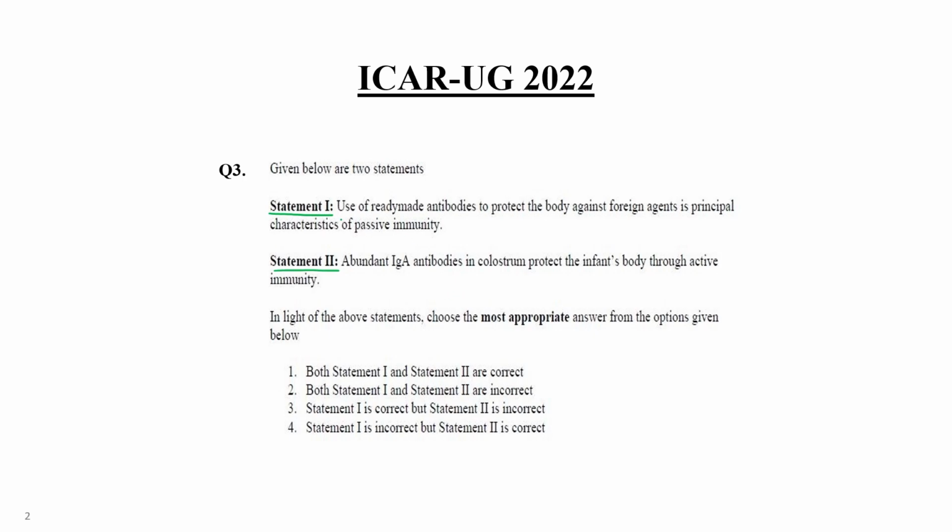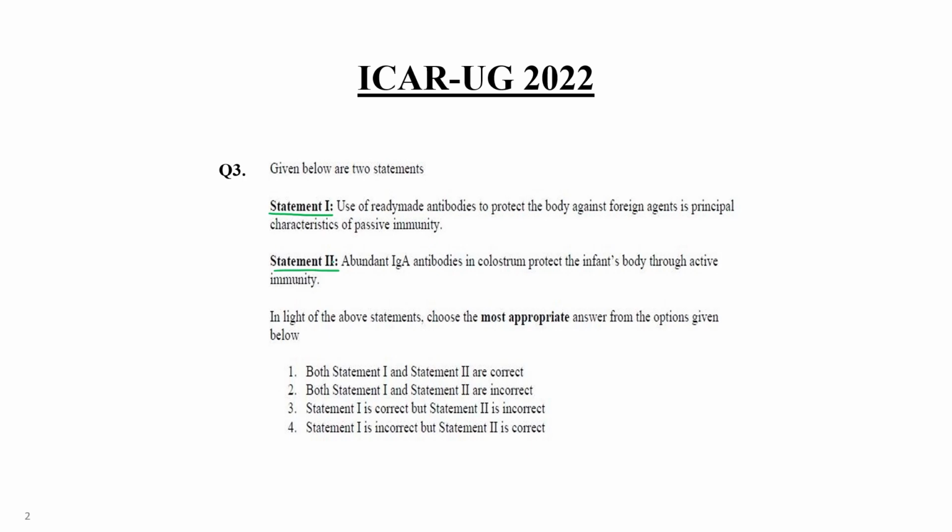Statement number 1: use of ready-made antibody to protect the body against foreign antigen is a principal characteristic of passive immunity.